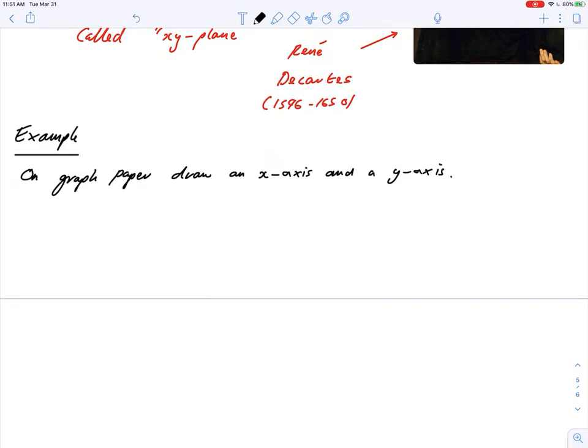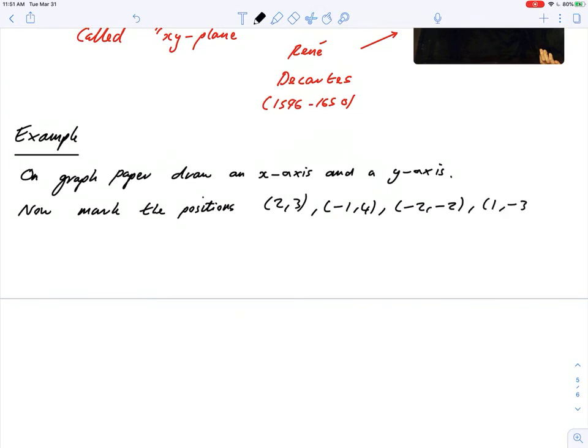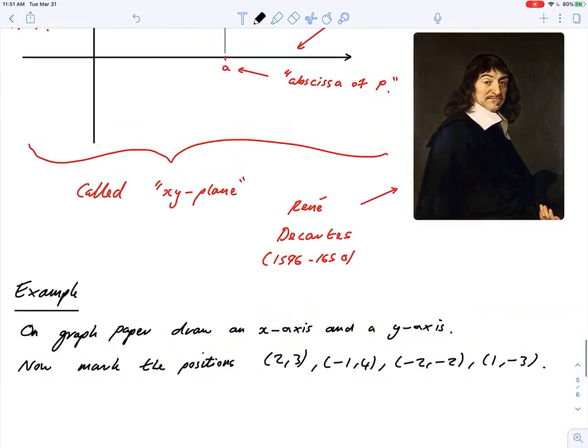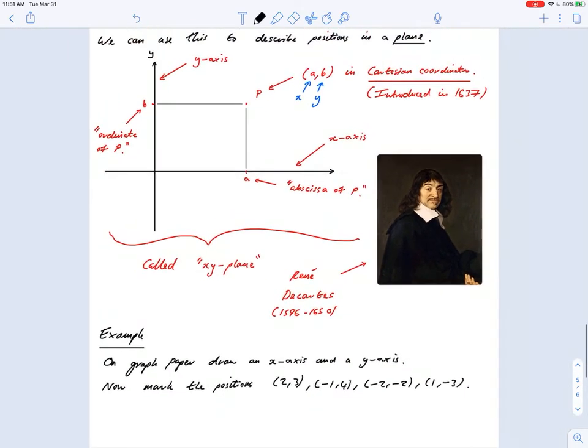You need to do that to use Cartesian coordinates, right? Now mark the positions (2, 3), (-1, 4), (-2, -2), and (1, -3). So why don't you pause the video and take the time to do this, okay?